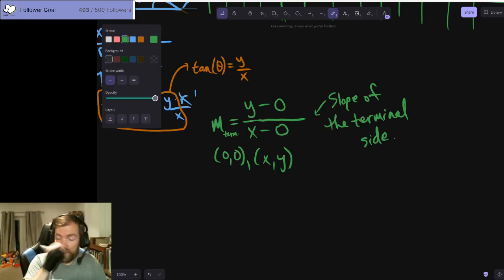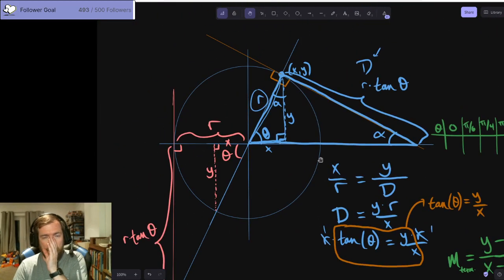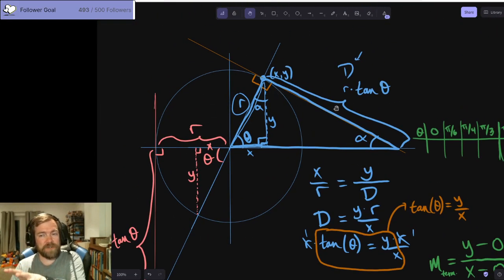And this means that we now have a physical distance measurement that tells us the slope of this particular line. This one is going to be positive, and if we were to flip it under here, it would be negative.